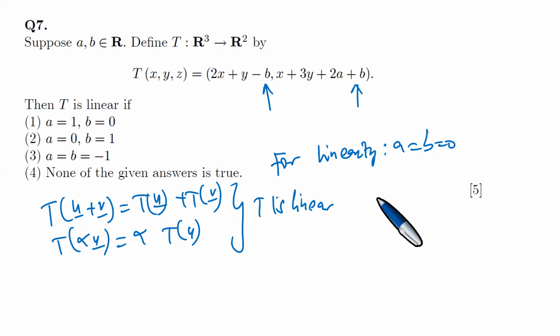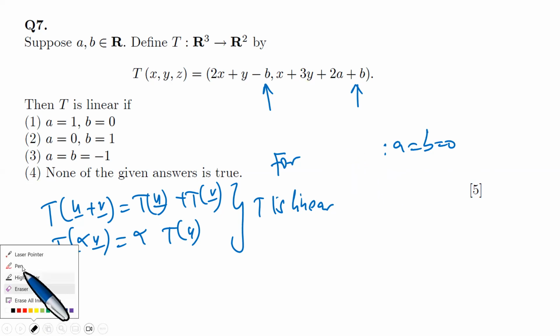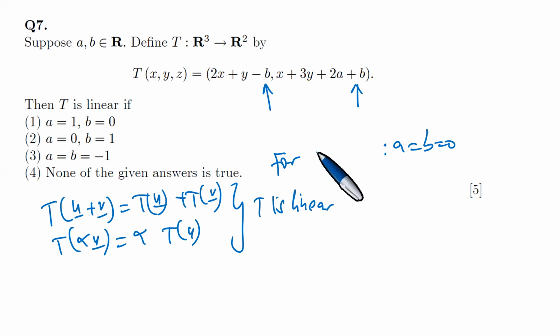For linearity, these scalars must all be zero.